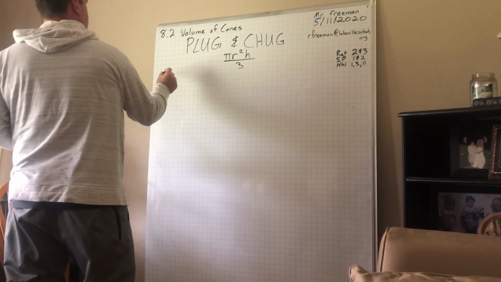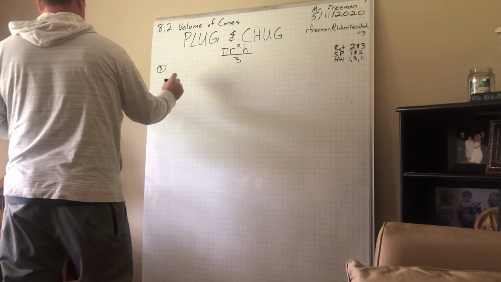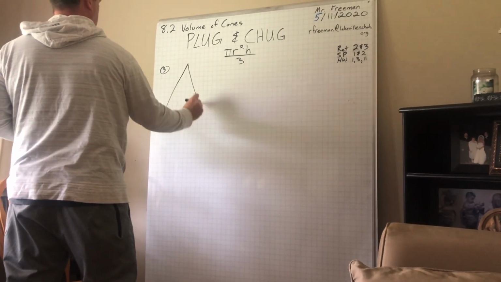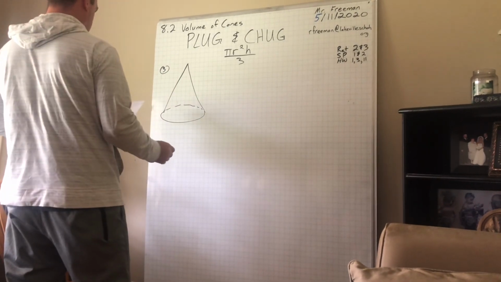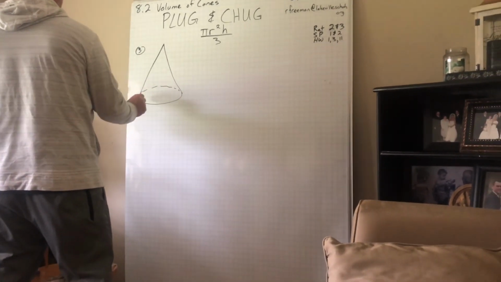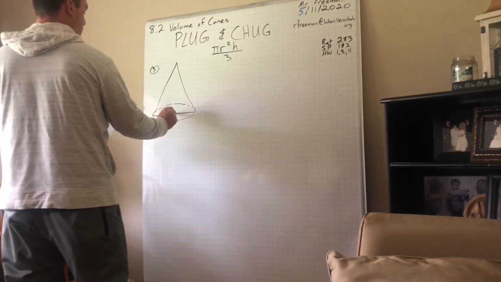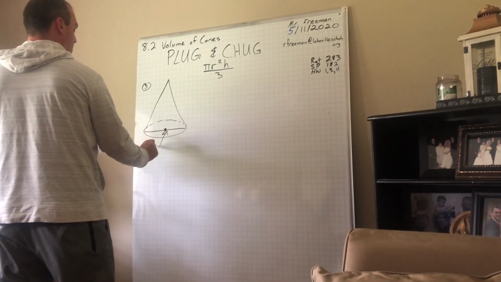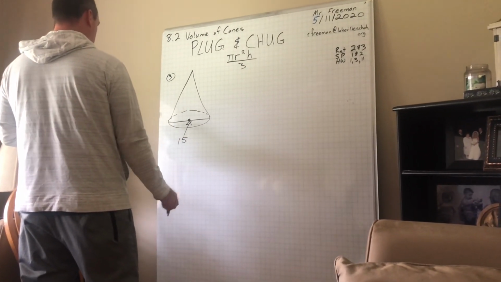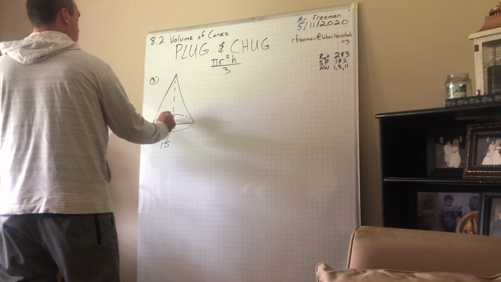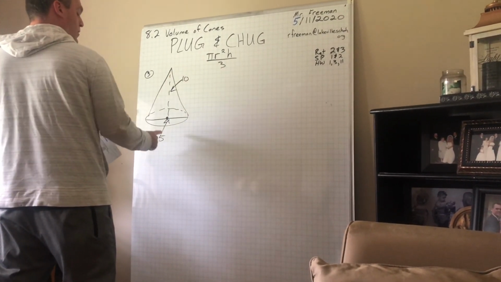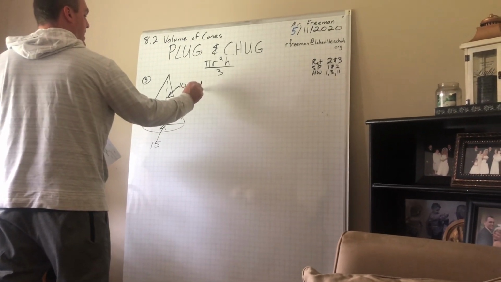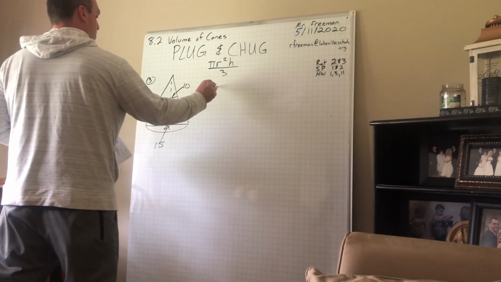Number 3 on the homework page has a much larger cone than any of the ones that we've dealt with so far. Looks something like that. They tell us the whole distance from here to here is 15. They tell us this distance from here to here, that height, is 10. So we have to do a little figuring. They tell us the diameter equals 15.